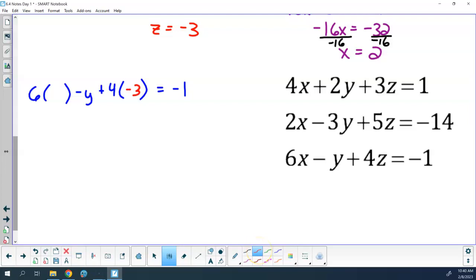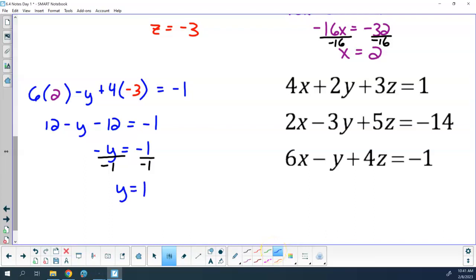Z is -3. X is 2. That gives me 12 minus y minus 12 equals -1. 12 minus 12 is 0, so that's -y equals -1. Divide everything by -1 or multiply everything by -1. Y equals 1.